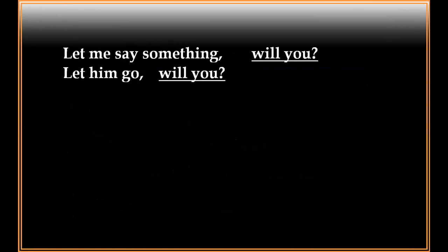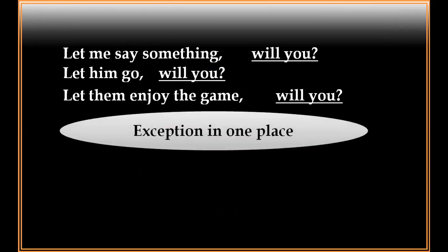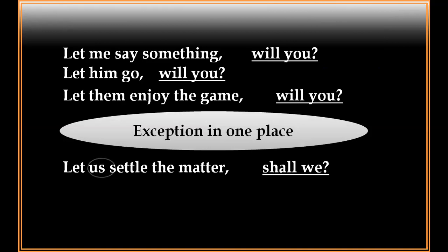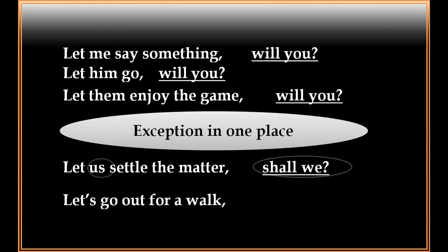All the sentences are correct. Let me say something. Will you? Let him go. Will you? Let them enjoy the game. Will you? But exception one. Let us settle the matter. Here, let us, we'll write here, shall we? This is the exception. So for imperative sentences, in most cases we will use will you. Only for let us, we will use shall we.